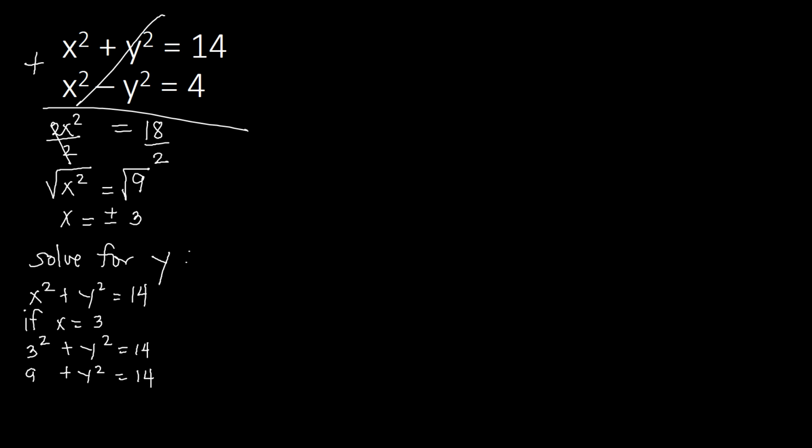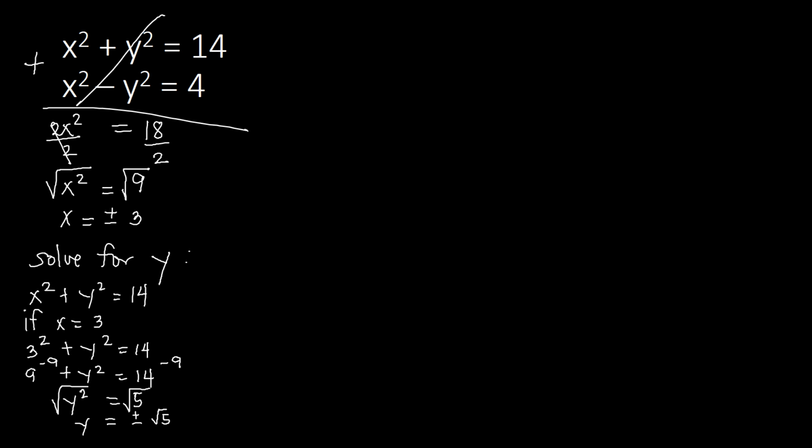We move 9 to the other side by subtracting it from the left side, and likewise on the right side. Our next line will be y squared is equal to 14 minus 9, which is 5. So we get the square root of that. We have our y value equal to positive or negative square root of 5.